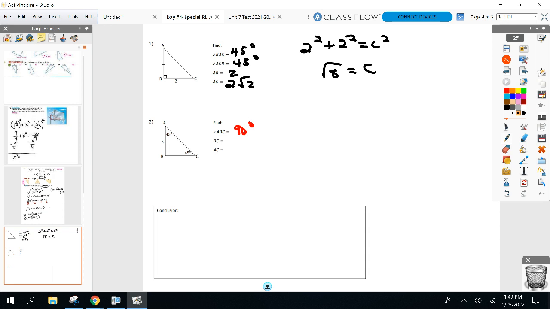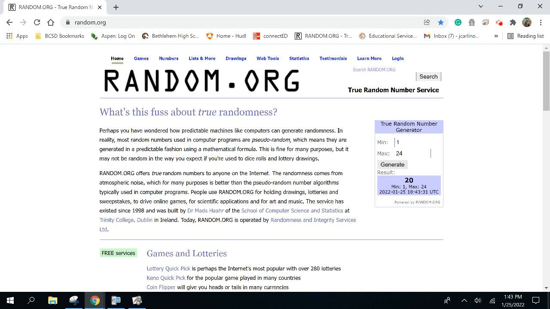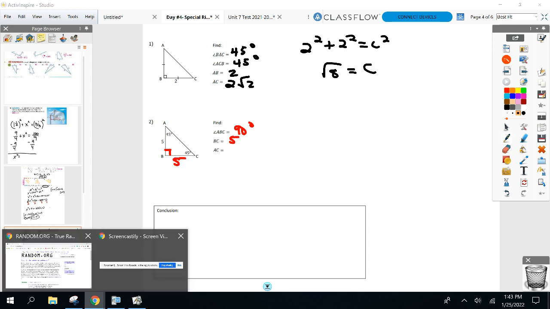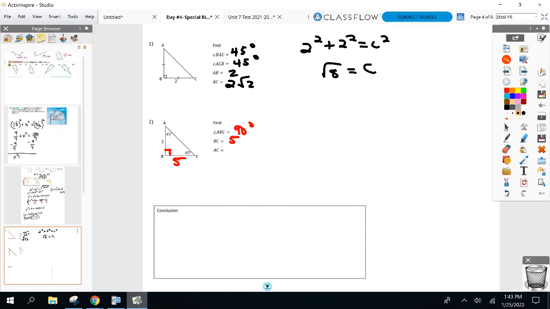It's a right angle. Good job. How about side BC now? Side BC. 5. Remember, across from congruent angles are congruent sides. And then using Pythagorean theorem in simplest radical form. How about AC? 5 radical 2.